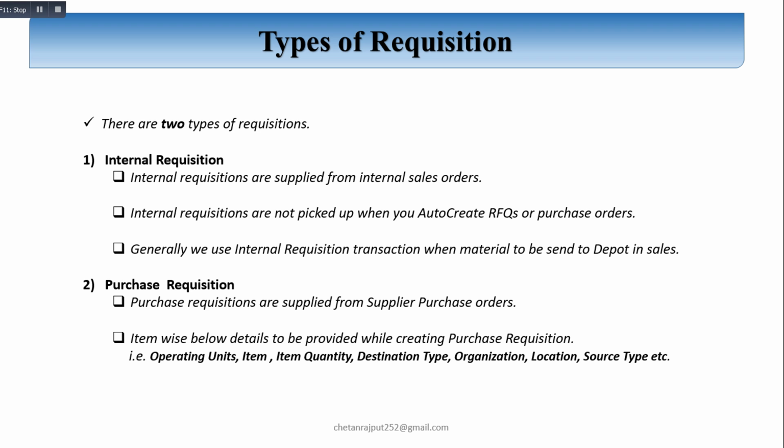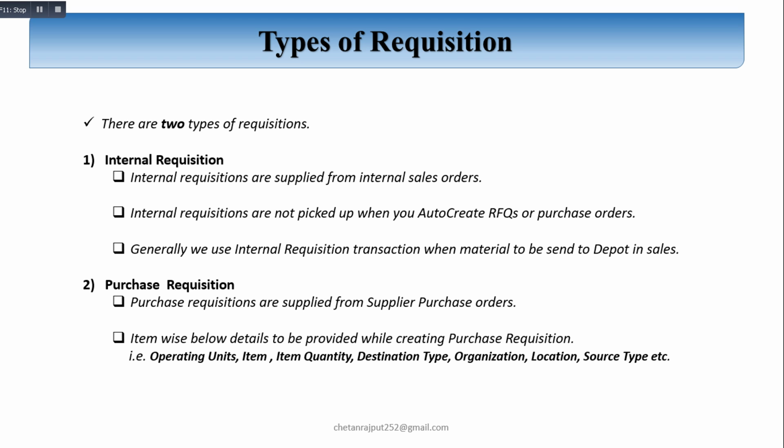One manufacturing company has two different depots in one state. Let us take an example: Gujarat, where the company has Ahmedabad and Surat, two different depots. We require a product at the Ahmedabad location, but the product is not available in Ahmedabad.